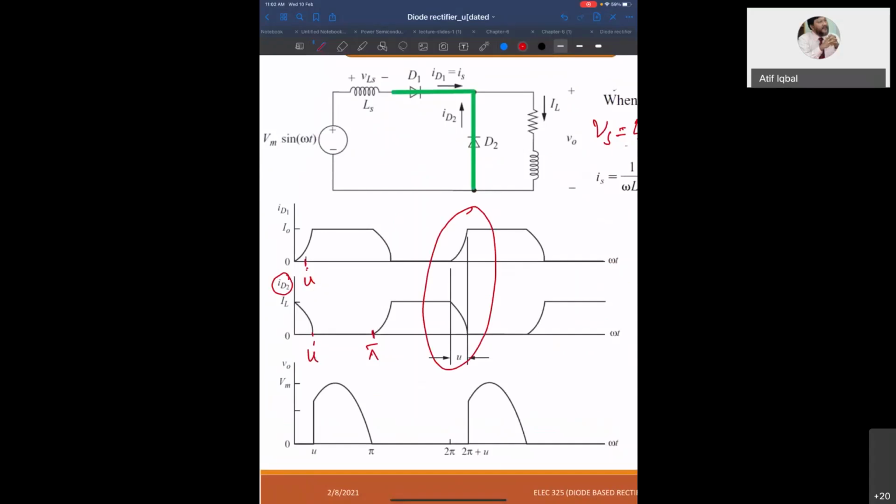Forget about the other part for now. Look at this part. What happens is that D2 is conducting, D2 is on, D1 is off. That means the current is flowing through the freewheeling diode.